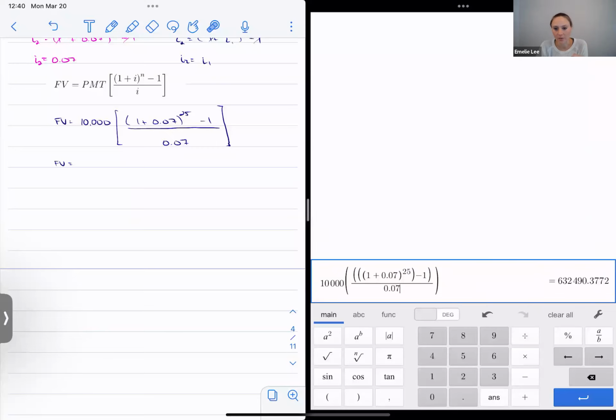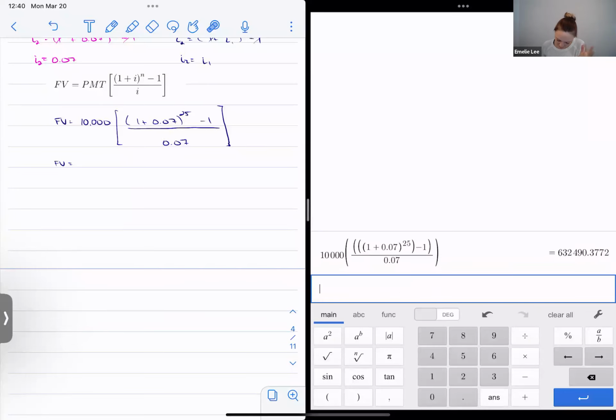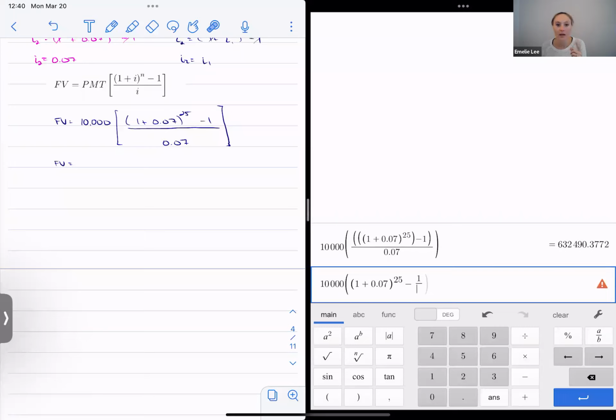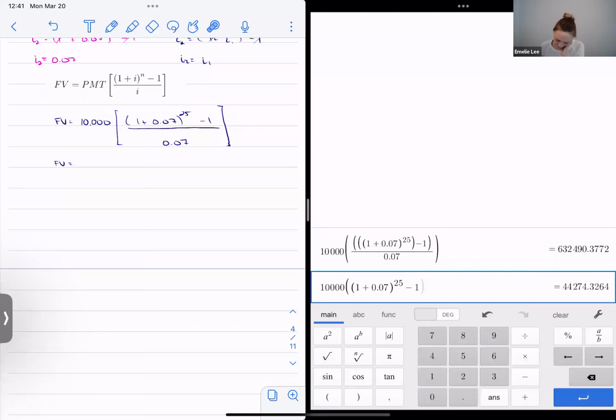As long as you're careful, it will recognize it, so I'll do it again less carefully. 1 plus 0.07. I think if I just do it as it shows, aha, I knew it. So this is where you'd want to be careful. You want the minus 1, but then all over 0.07. So that's why you need that bracket there.